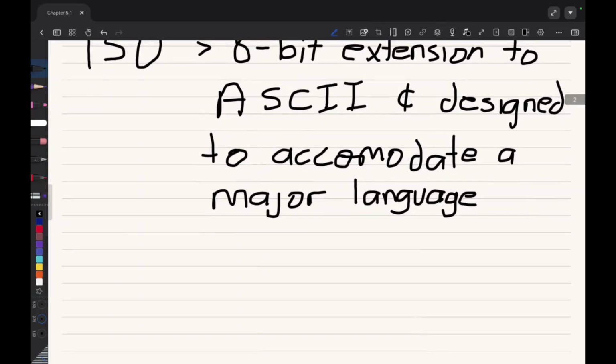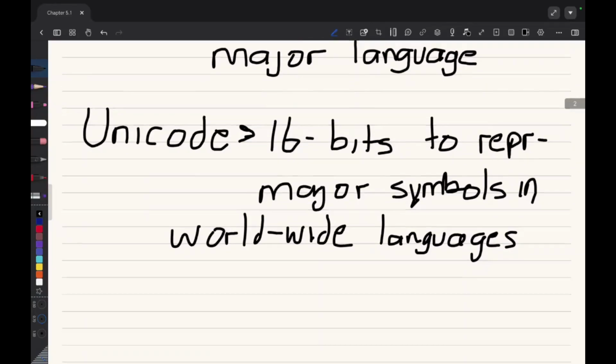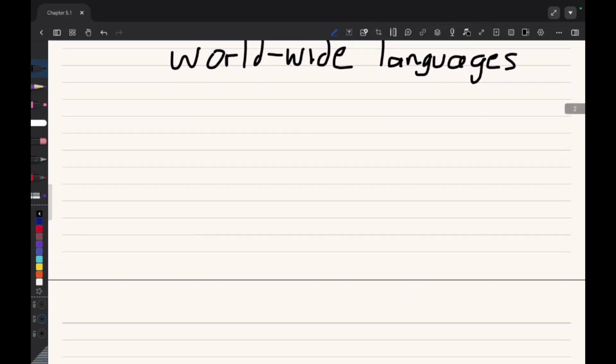Then the last extension, I don't think I should call them extensions anyways, is called Unicode. Unicode is a 16-bit representation to represent major symbols in worldwide languages. That's Unicode.